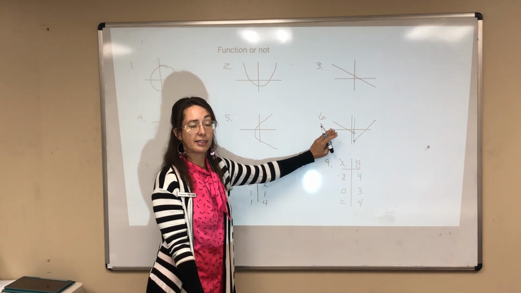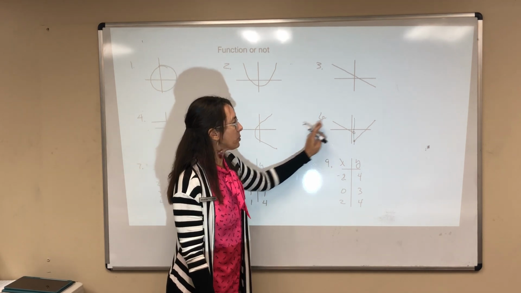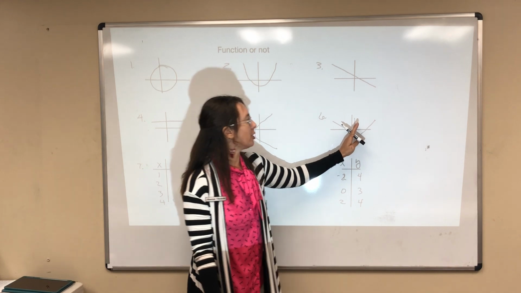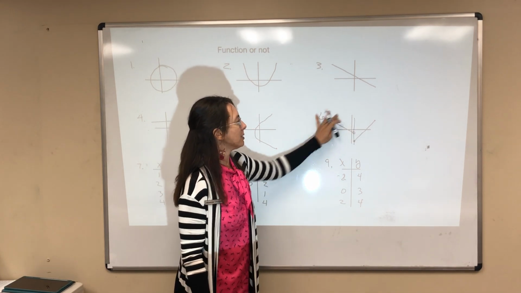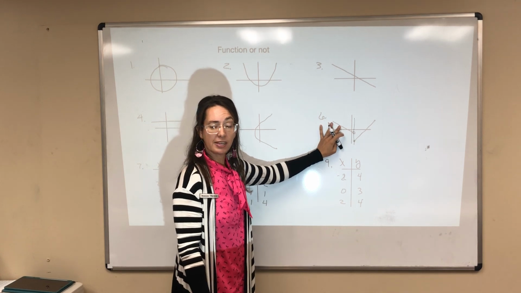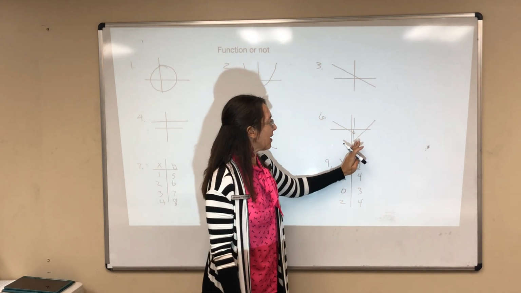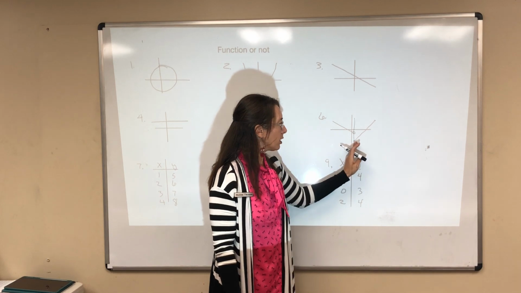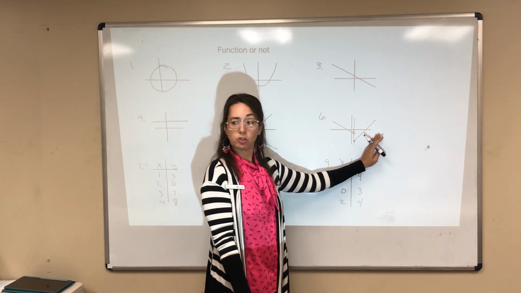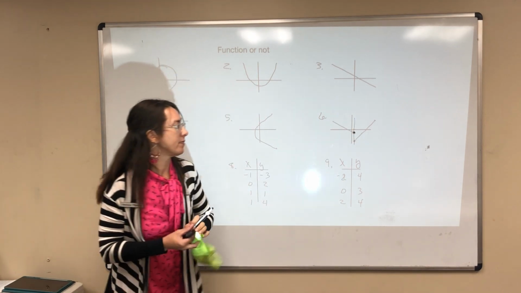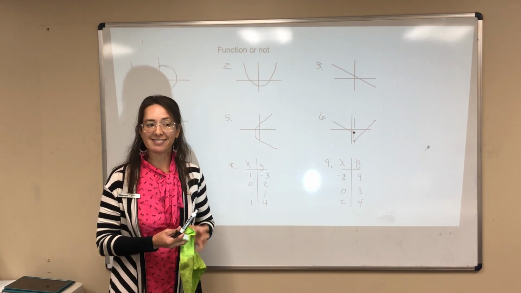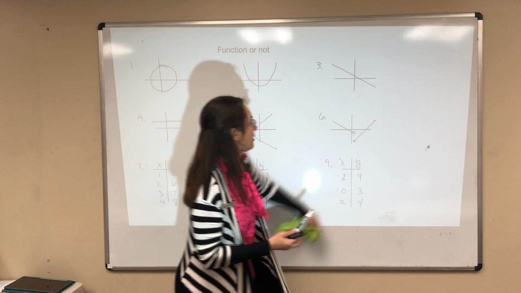We will hit that at the end of this chapter. Piecewise function meaning for the x values less than this one, we're going to use this equation with a negative slope. And for the x values greater than or equal to 1, we're going to use a second equation with this positive slope on it. Now, if they were both filled in, then it would not be a function. But they're not, so it is a function.